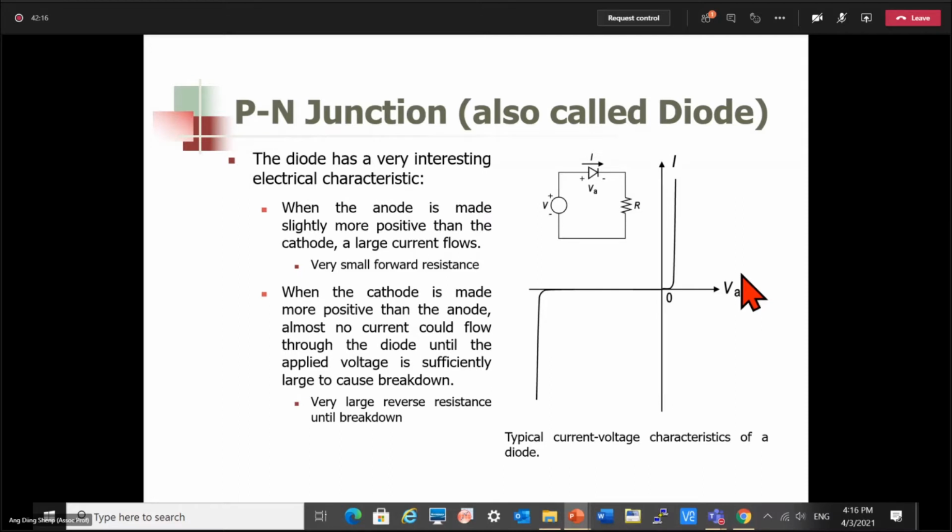Now, on the other hand, if we reverse the polarity of the battery, in other words, now you connect the negative terminal to the anode and the positive terminal of the battery to the cathode, or in other words, V is a negative quantity, you will notice that very little current can flow through the diode, hardly any current, typically on the order of 1 picoampere or 1 nanoampere, in that range. Now, if you keep increasing the magnitude of the voltage that you apply, when it gets large enough, essentially a large current can also flow through the diode.